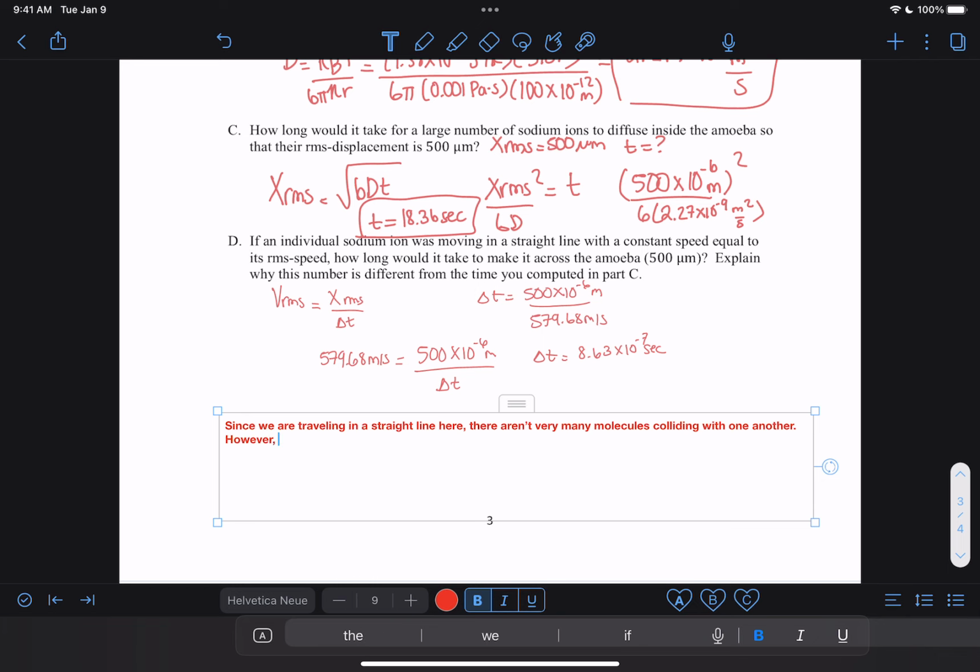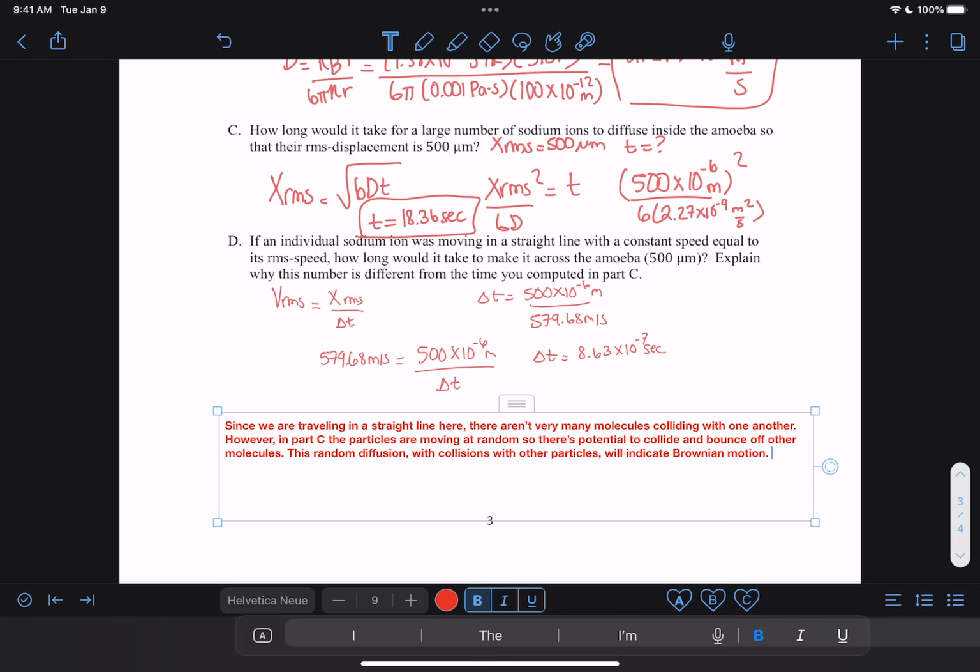However, in part C, I think that was part C, the particles are moving at random, so there is potential to collide and bounce off other molecules, right? This random diffusion with collisions with other particles will indicate Brownian motion.